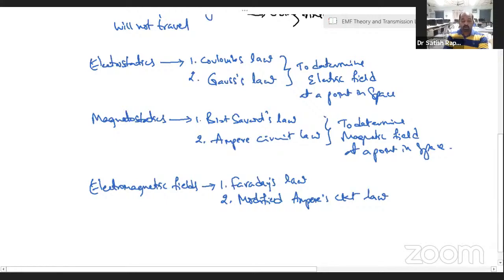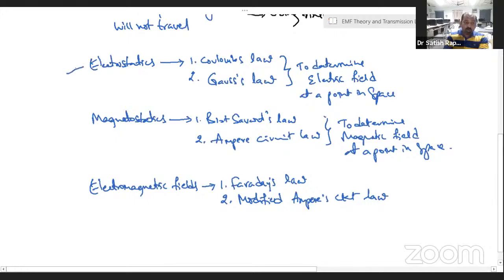Electromagnetic fields again revolve around two basic principles: one is Faraday's law, and the second one is modified Ampere's circuital law.